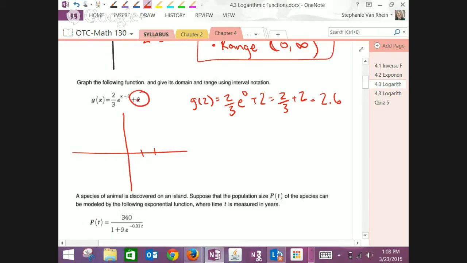The plus 2 is going to affect my range, right? But my overall shape is not going to be affected. This point would be 2, 2.6.